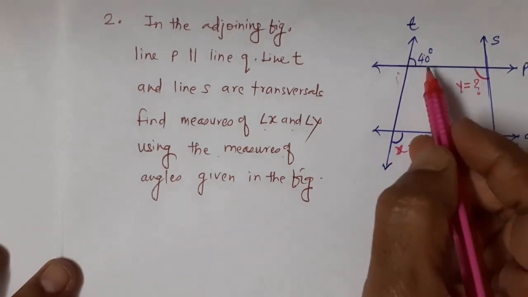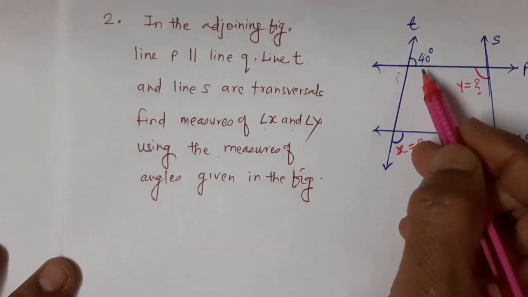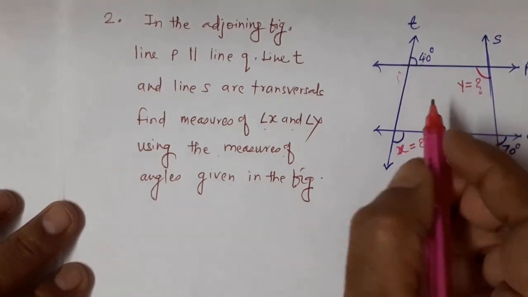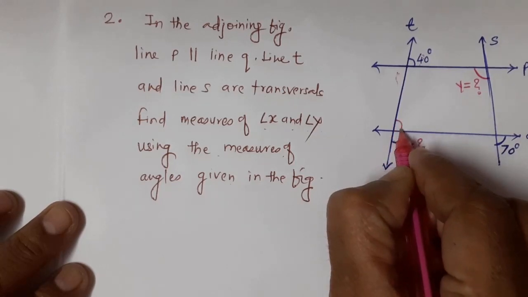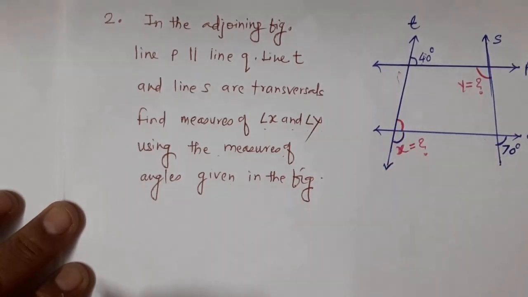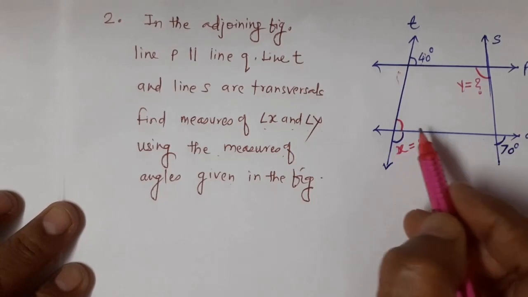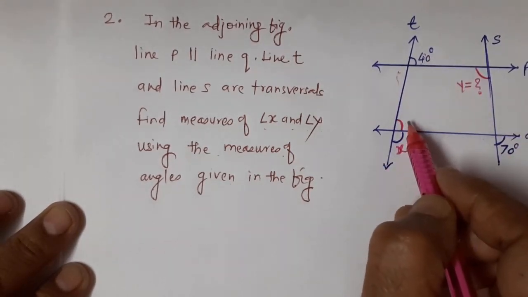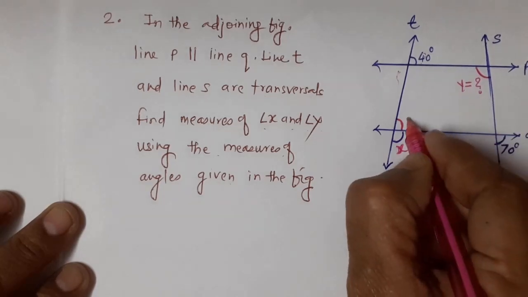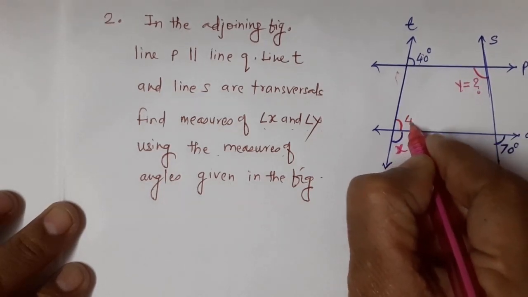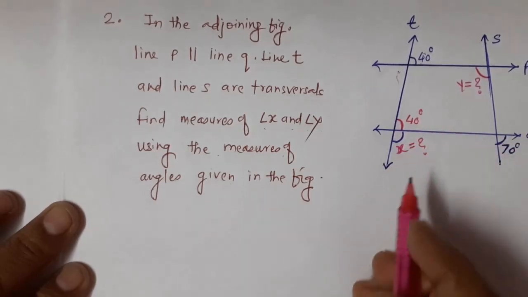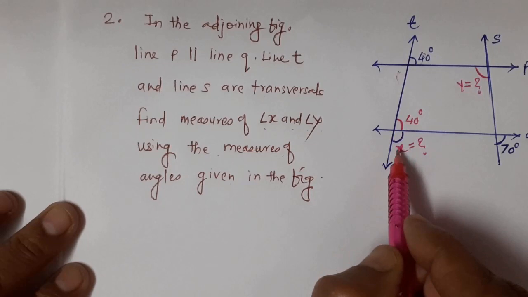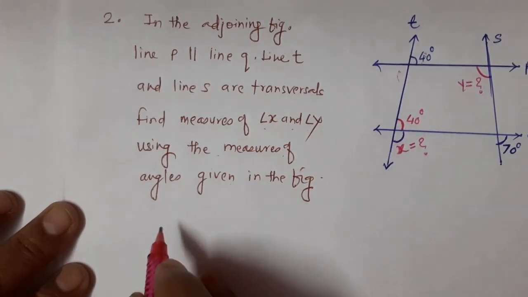So when you have a 40-degree angle, what will be the measure of this angle? This angle is a corresponding angle, and you know that corresponding angles are congruent. The measure of this angle is also 40 degree. Now x and this 40 degree are a linear pair.